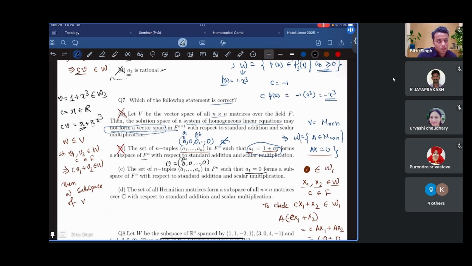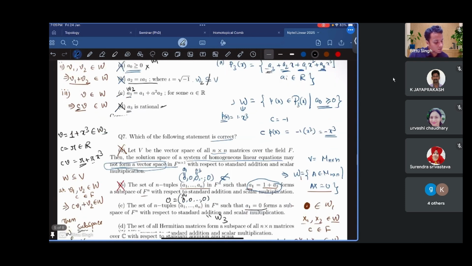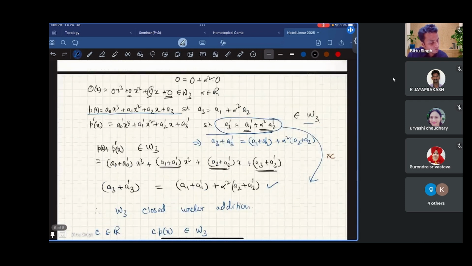Therefore, it satisfies the given condition. Now, what do we need to check? Denote this subset by W3, the third option. Is it closed under scalar multiplication and addition? Let us check.